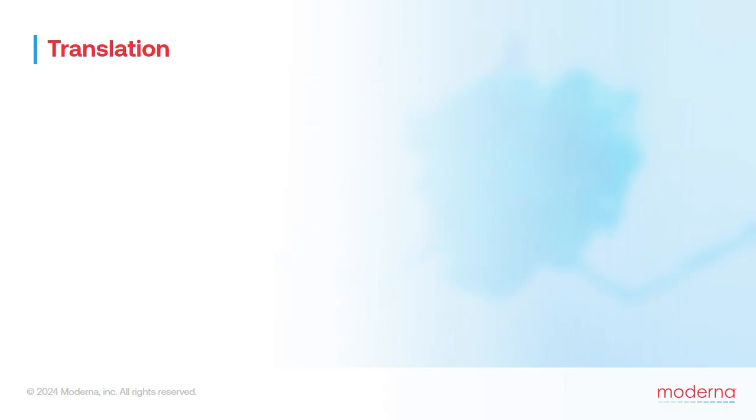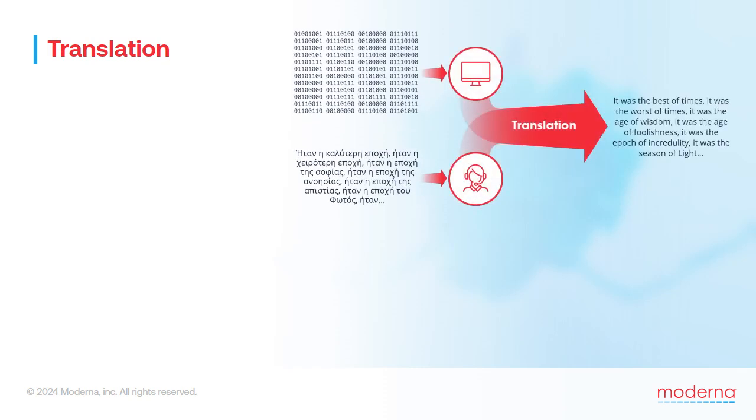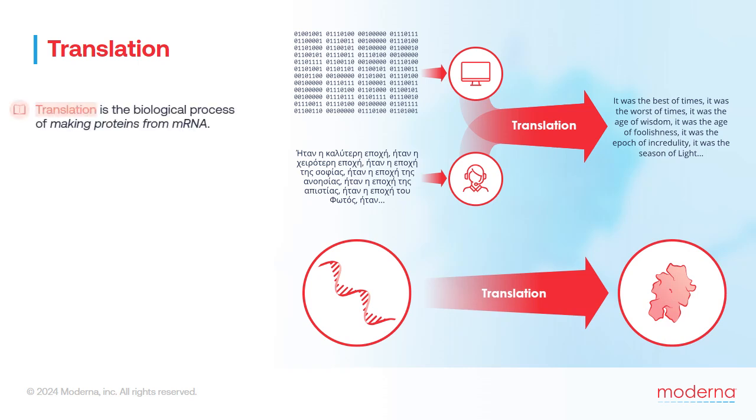Just like something written in binary computer code or Greek needs to be translated to be understood by someone who can only read English, the 4-part genetic code of mRNAs needs to be translated into the 20-part amino acid code of proteins. Thus, the biological process of making proteins using instructions encoded in mRNA is called translation.